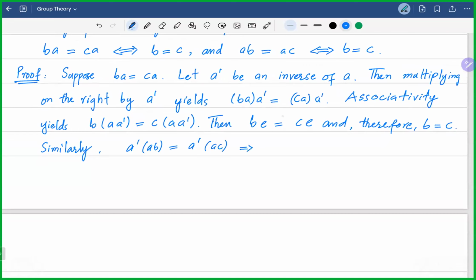This gives, by associativity, (A prime A)B and (A prime A)C, and this is EB equals EC, and this gives B is C. Okay, this is the proof.